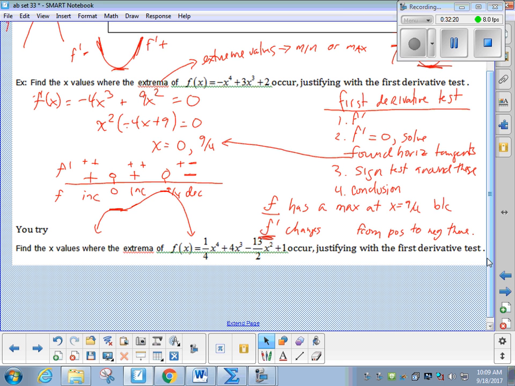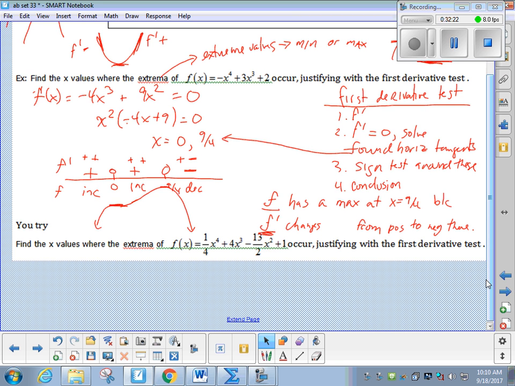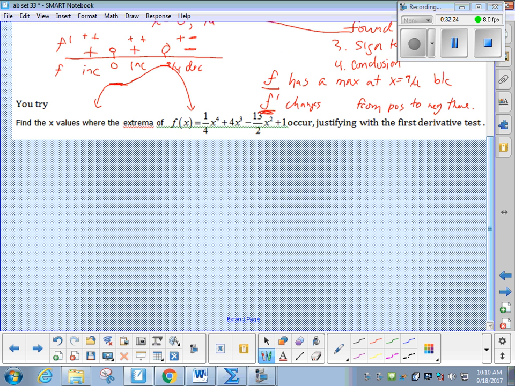All right. So, how many critical numbers or interesting numbers? We haven't even heard that vocabulary yet. How many places did you get a horizontal tangent? 3. Does that seem to jive with the shape of an x to the 4th? Okay. So your derivative is x cubed plus 12x squared minus 13x, and then set that equal to 0. How'd you do the algebra?